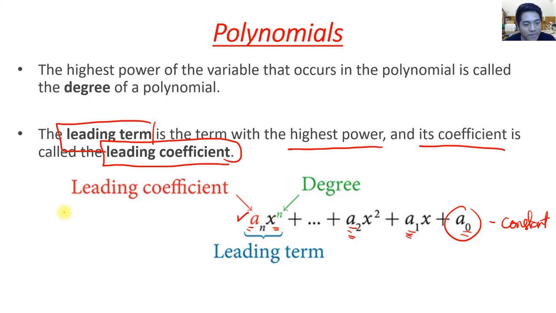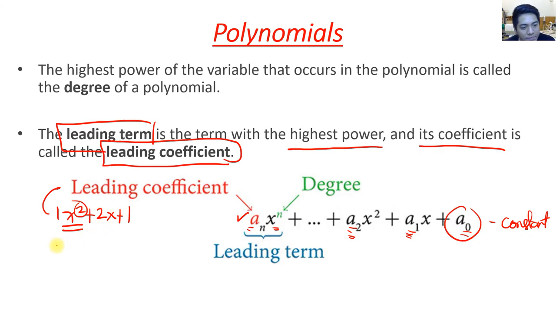For example, we have x squared plus 2x plus 1. We have a degree of 2, the leading term is x squared, and the leading coefficient, which means the coefficient of the highest degree term, is 1. Polynomials have many forms.